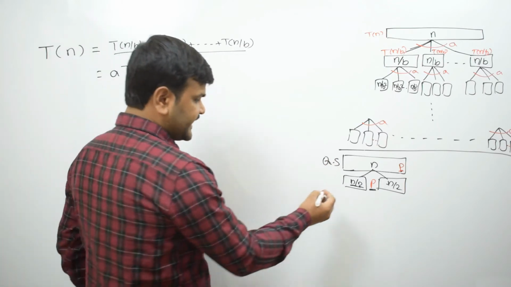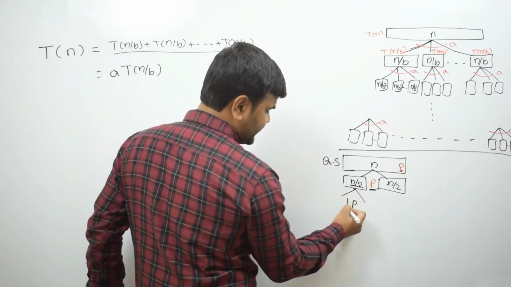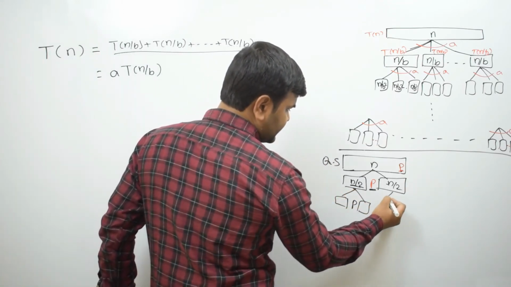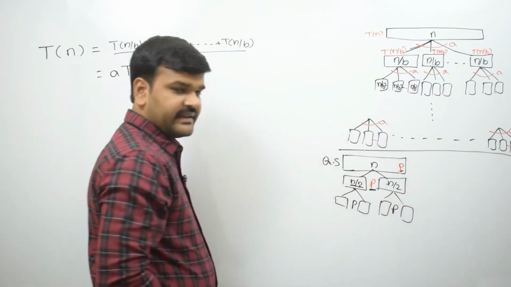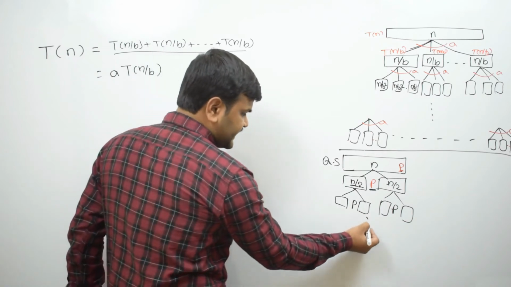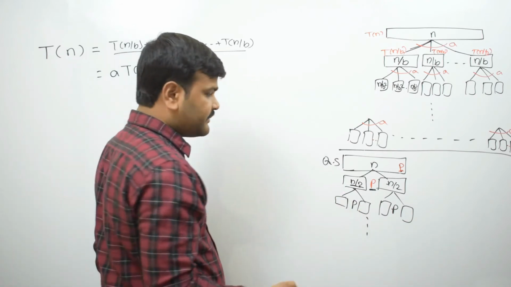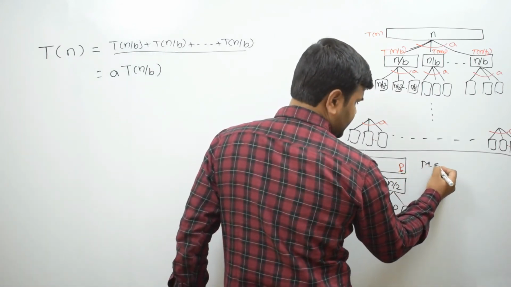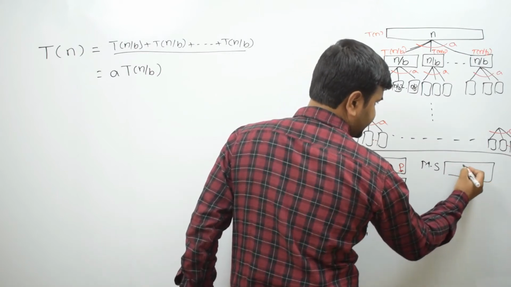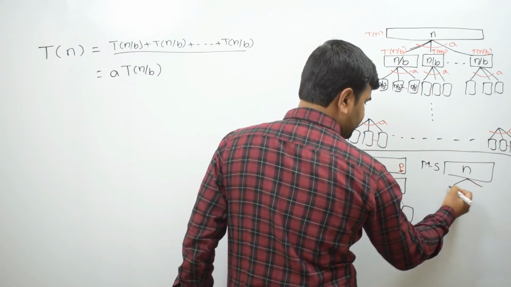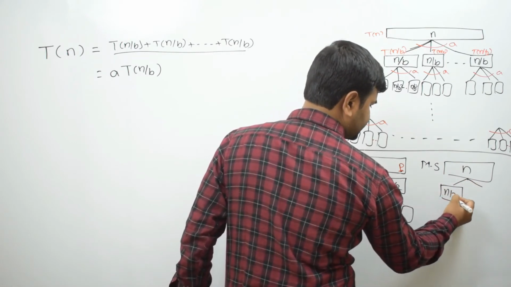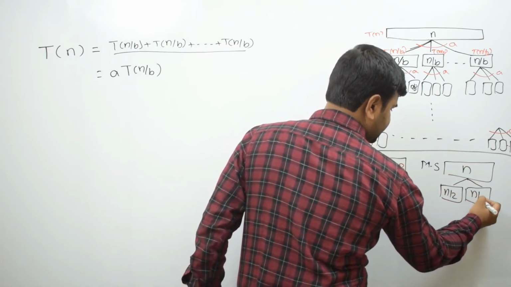Like this it is going to divide, the pivot element is placed somewhere, and everywhere it continues the same way. If you take merge sort, what is happening? Same thing, n input size, which we simply divide into two subparts. Each subpart size is n by 2.